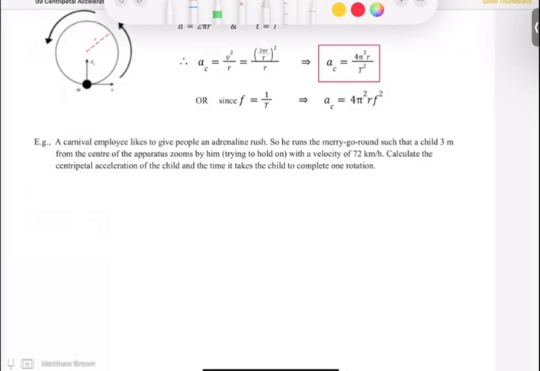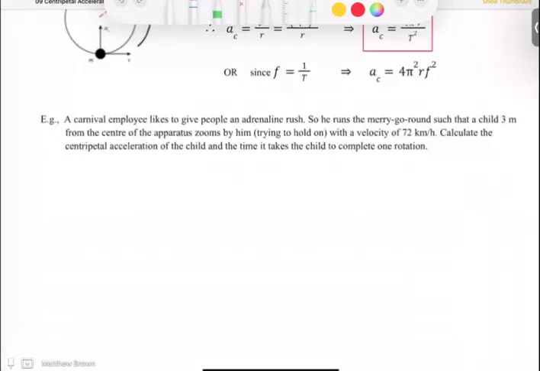So the first thing, because we've got mixed units here, the first thing I would figure out is just V. Because I'm given that in kilometers an hour, remember you just divide by 3.6, which means you're dealing with 20 meters per second. That's the speed that this is going around. We know that the radius of this thing is 3 meters, and that's all we need for the centripetal acceleration.